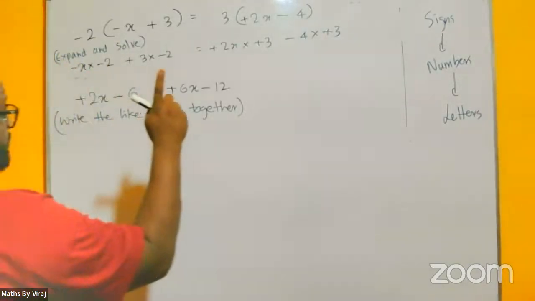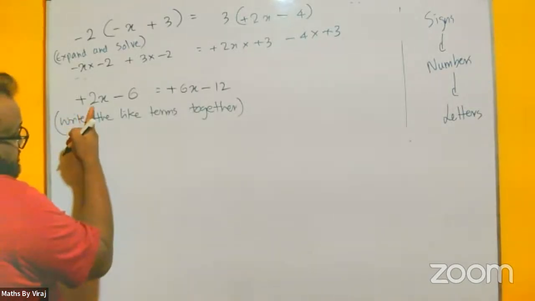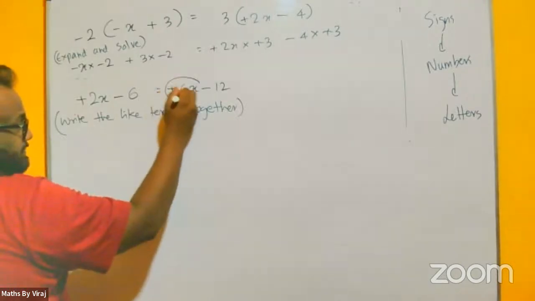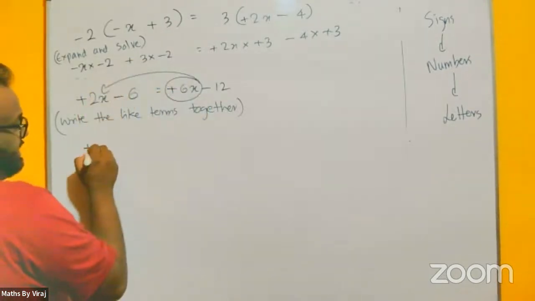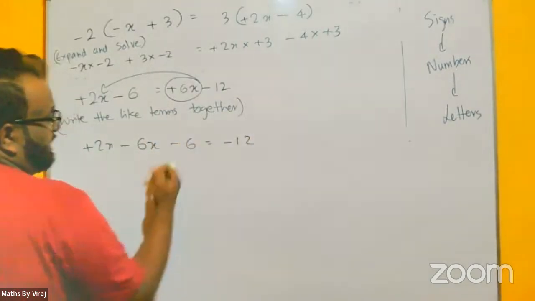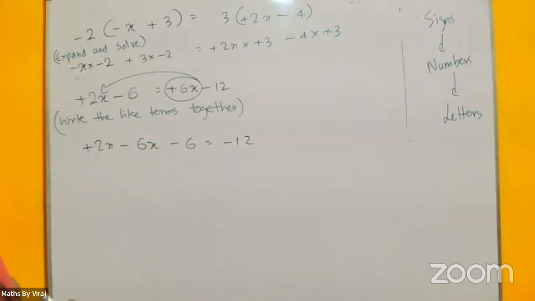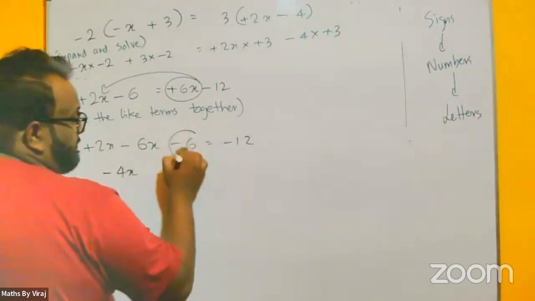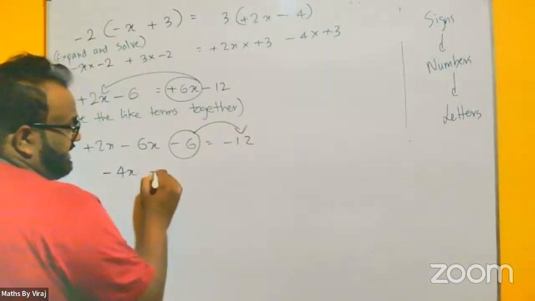Now we should think of those things. What is it? Plus 2x. It is addition 2x. Now when this plus 6x goes to this side, it becomes minus. Yes or no? It becomes minus. Look at this, very easy. Minus 4x. Minus 6 goes to the other side.